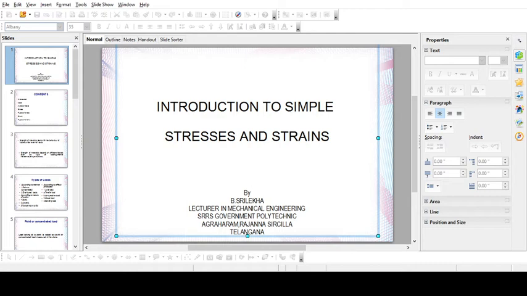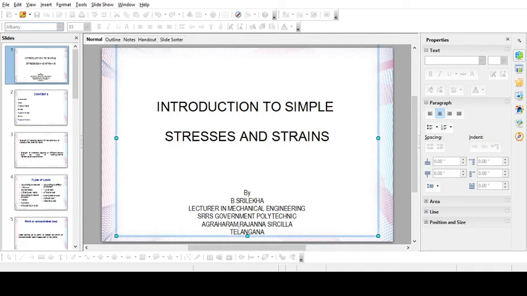Due to the tensile stress, automatically the deformation will occur in that particular body. That deformation is called tensile strain. The deformation per unit length caused by the tensile force in its direction is tensile strain.